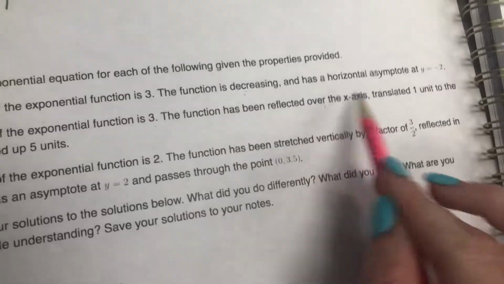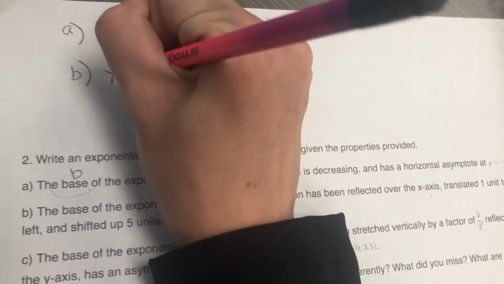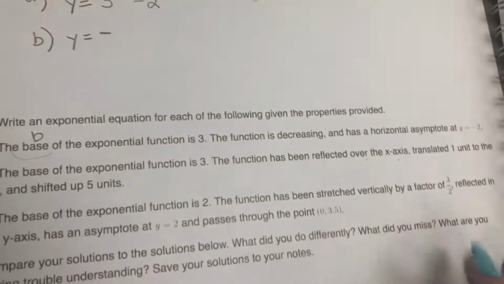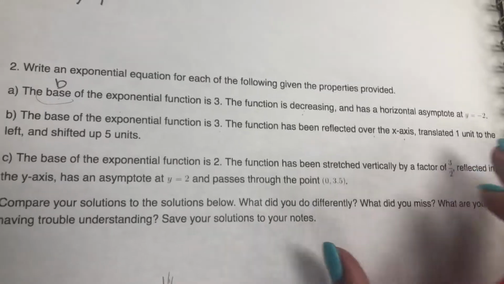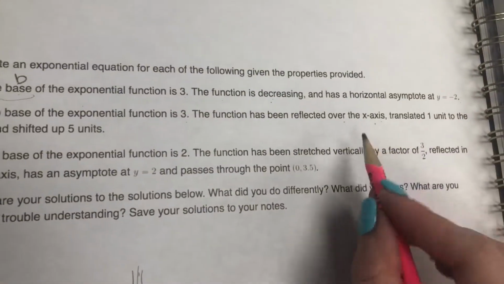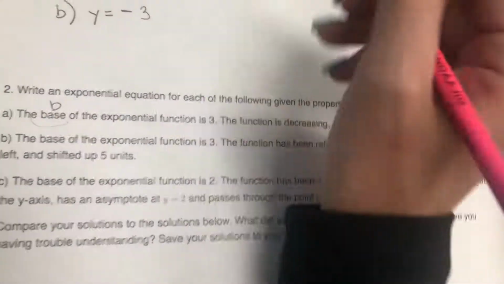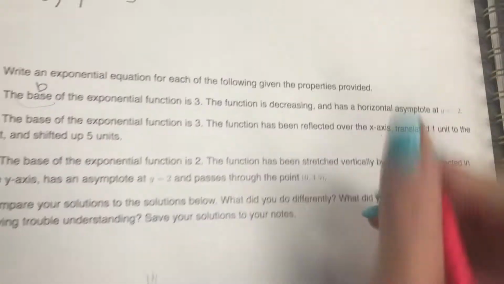So here, because it has been reflected over the x-axis, we know that it's going to be a negative. It doesn't mention anything about compressed or stretched, so it's safe to assume that it's going to be 1. And then we have 3 to the power of x.